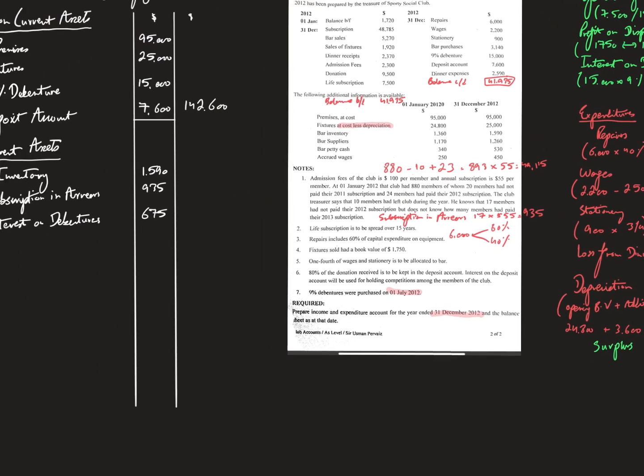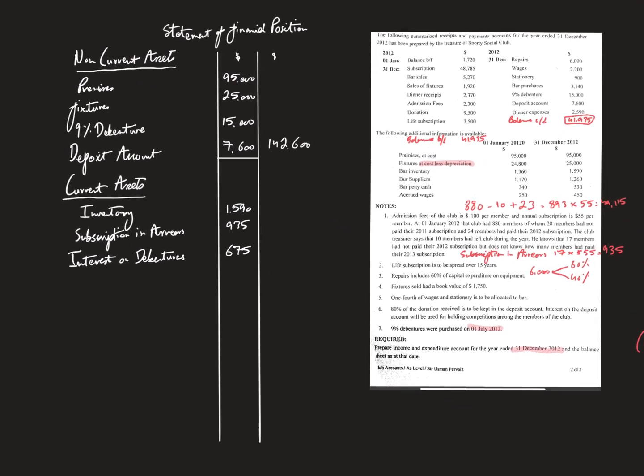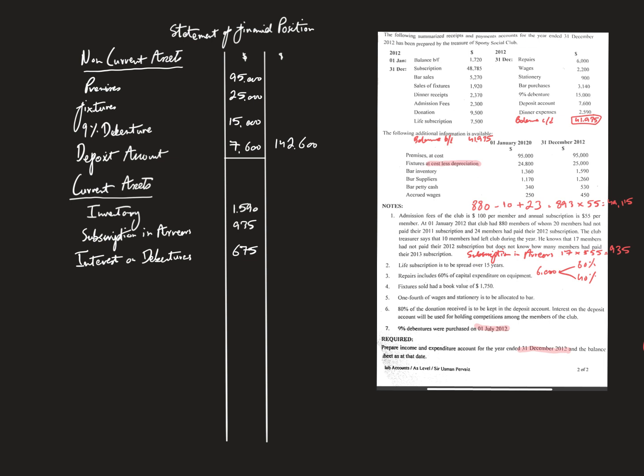Brought down अगर credit पे आ रहा होता तो फिर ये मेरा क्या बन जाता? Current liability, bank overdraft बन जाता. So I have cash at bank of 41935. Then I have bar petty cash, that is closing value 530. Can you tell me total current assets, please?